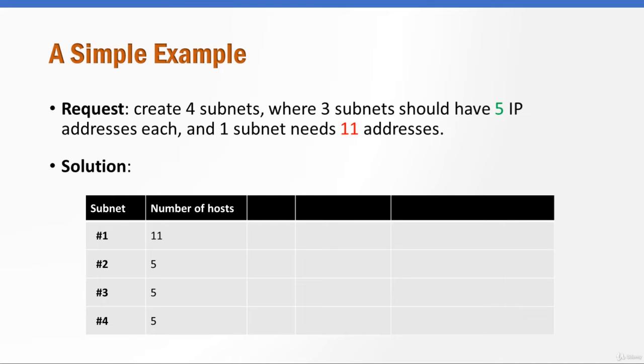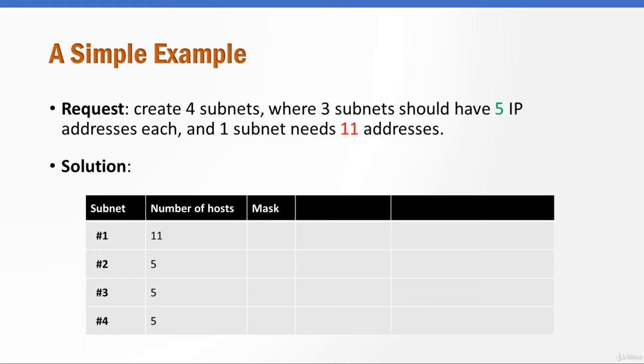The next thing to be determined is the mask. So in fixed length subnetting, all of the subnets are going to have the same mask, and the mask for all of the subnets is determined by the largest network. So we just need to make sure that the largest network has enough different IP addresses to cover all of its hosts. For 11 addresses, we're going to need 4 bits. 2 to the power of 4 is 16.